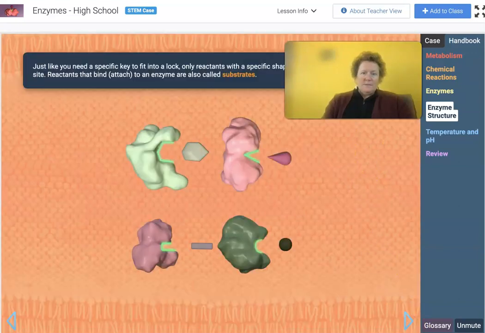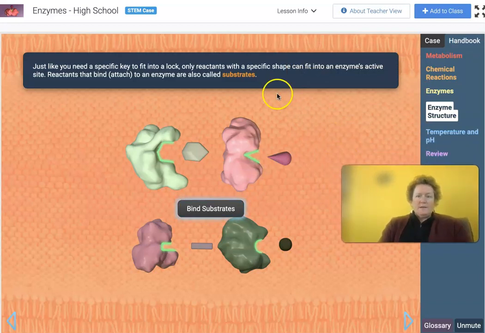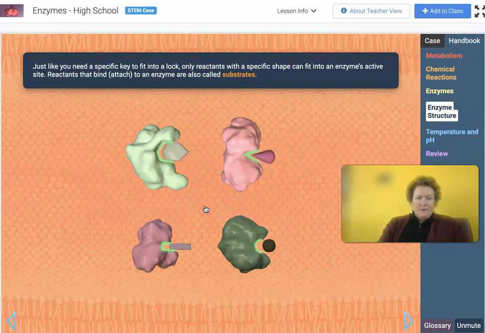Just like you need a specific key to fit into a lock, only reactants with a specific shape can fit into an enzyme's active site. Reactants that bind or attach to an enzyme are also called substrates. So substrates are what enzymes work on. You can see that those substrates fit like a key into a lock. They fit very tightly.